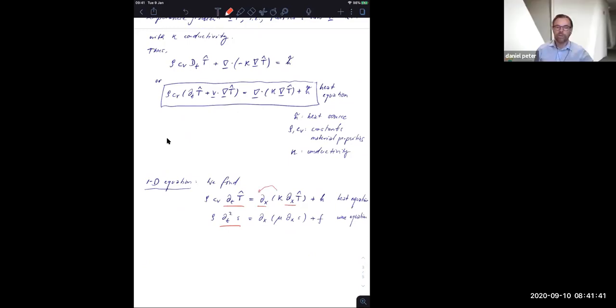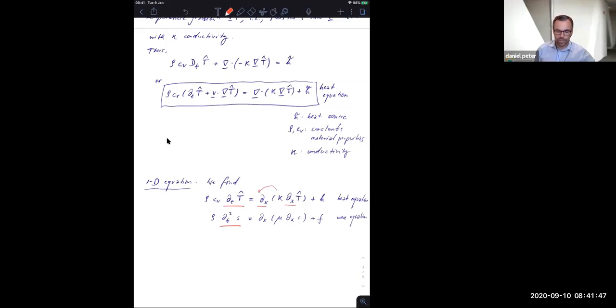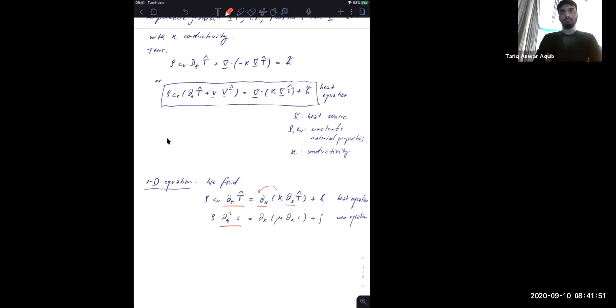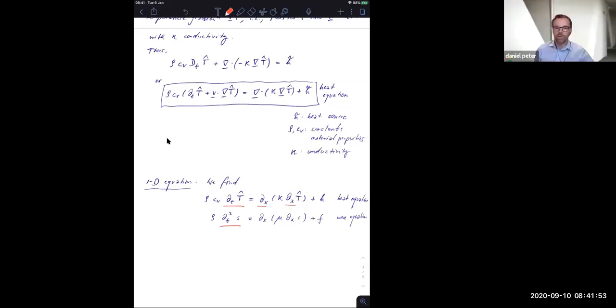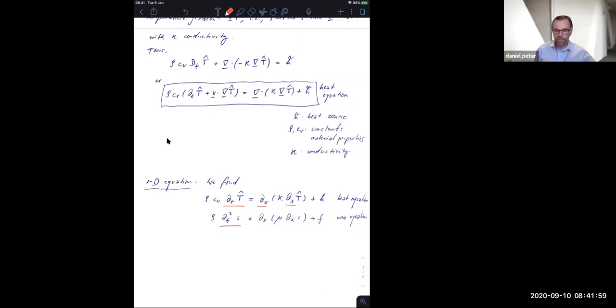And that's what we're going to look at for the homework. We first simplify, but if you want to allow for a general expression of the conductivity, if you allow it to be different within the medium, then we have these first order derivatives.